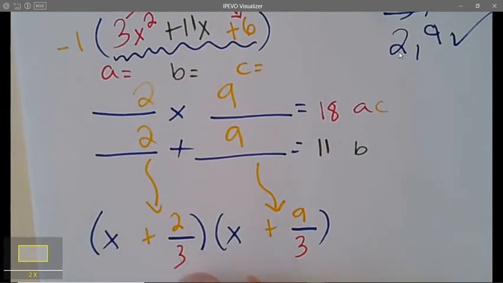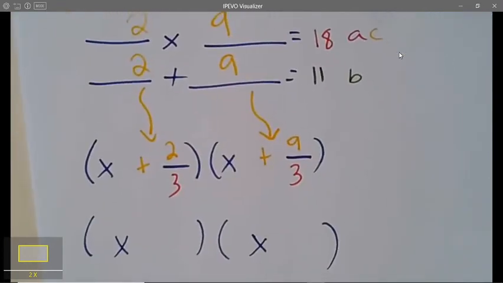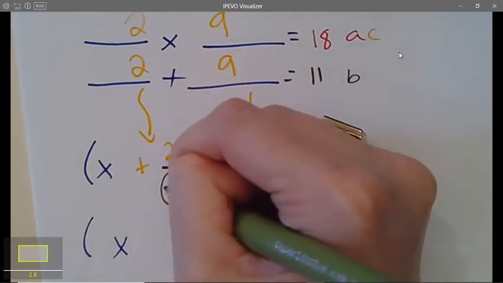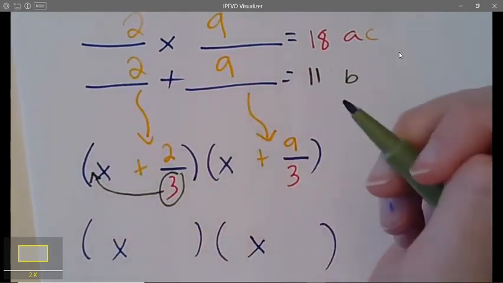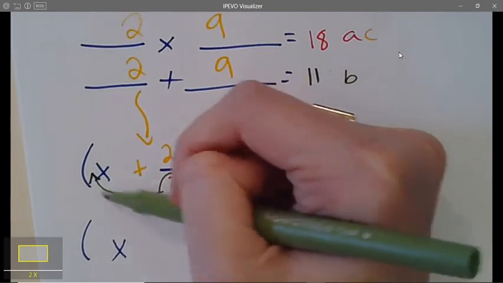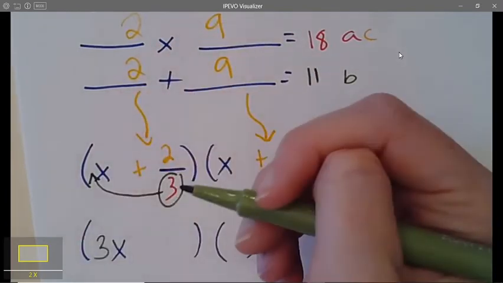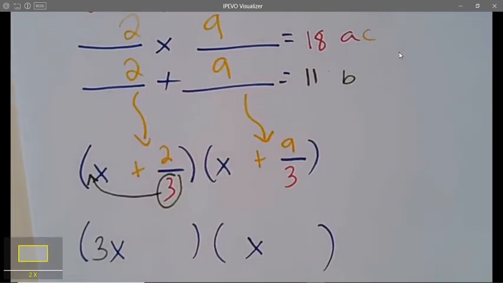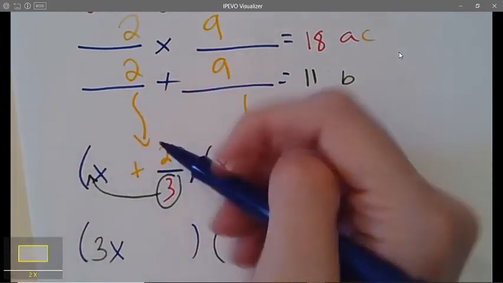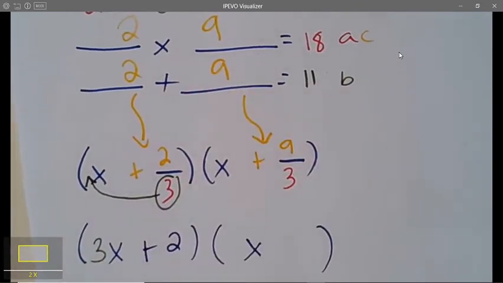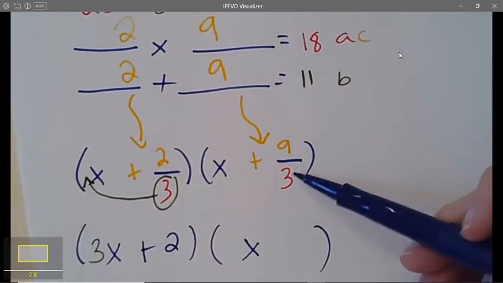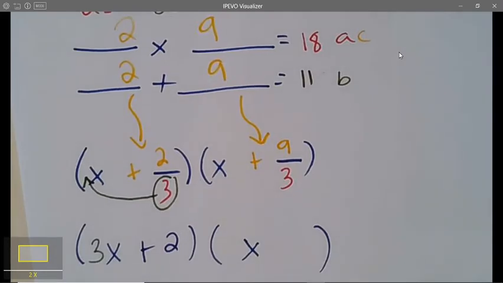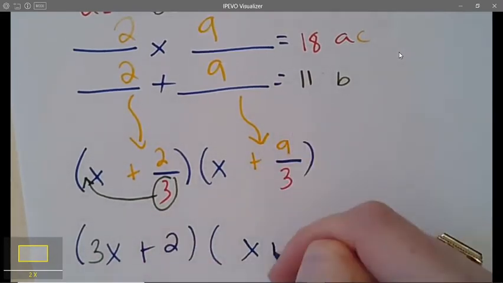So where can I move the denominator of that fraction in my factored form? Well, you can slide that bad boy in front of the x. So I'm going to slide that value in front of the x, and I'm going to leave the numerator as it is. So plus 2. And then 9 over 3, well, that will simplify to be a positive 3, so plus 3.